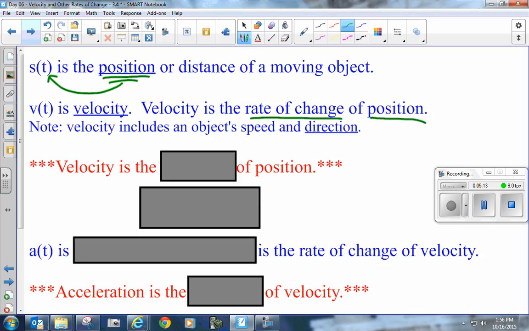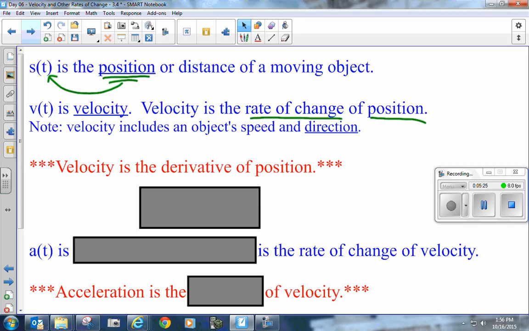If it's positive, it's going to the right, like if we were to graph it moving along an axis. This might seem complicated because they're words, but they might say position is represented by x squared. Well, what represents the velocity then? 2x, which is the derivative of x squared.